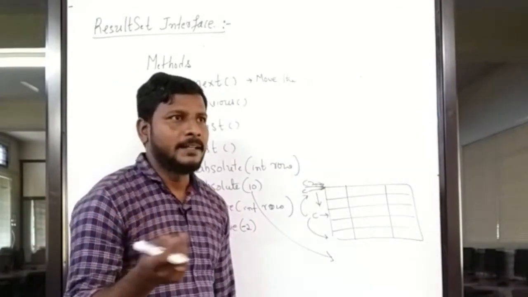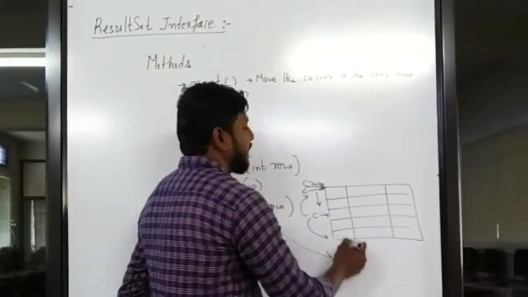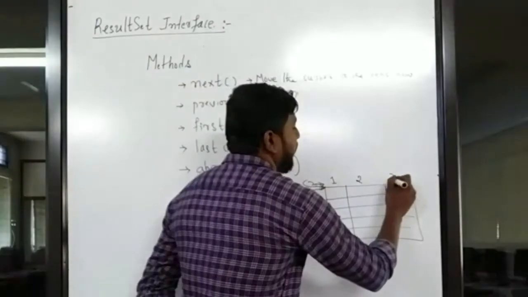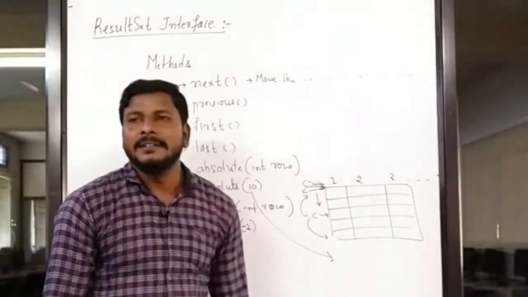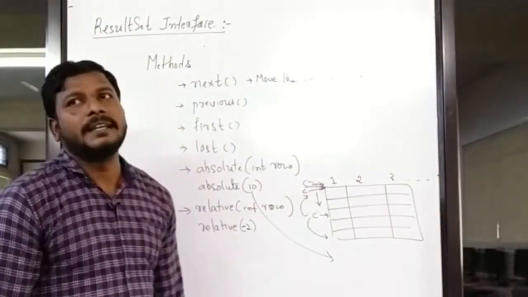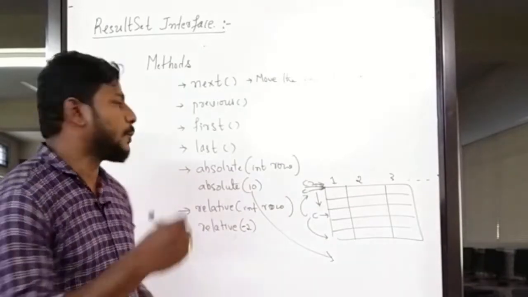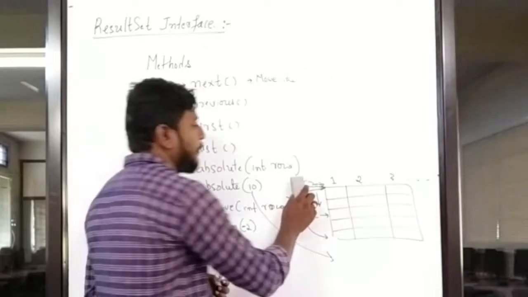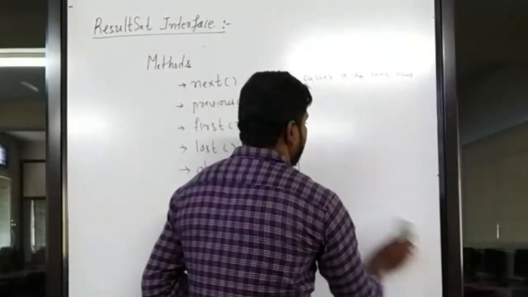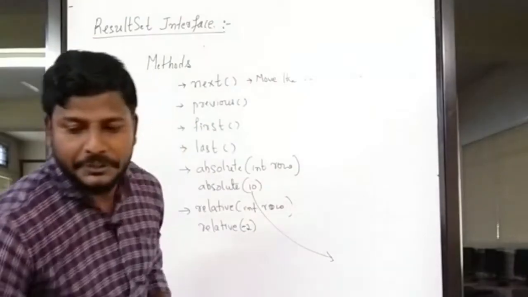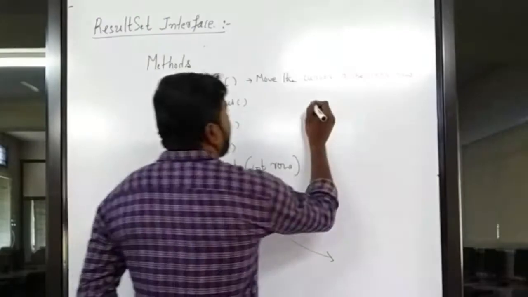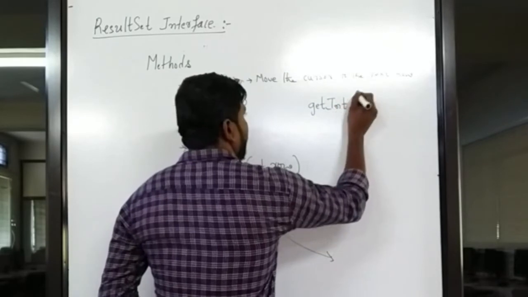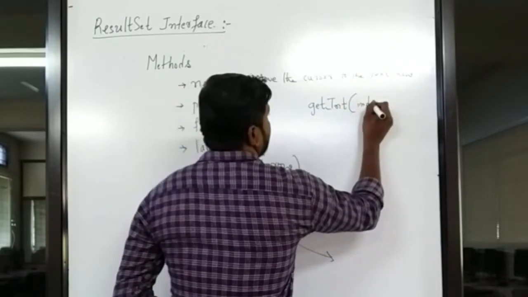So the first column in the result set will be identified by index 1, second 2, 3, and so on, depending on the number of columns in the result set. To get the values in a particular row, you can use some methods, that is getInt of the index.